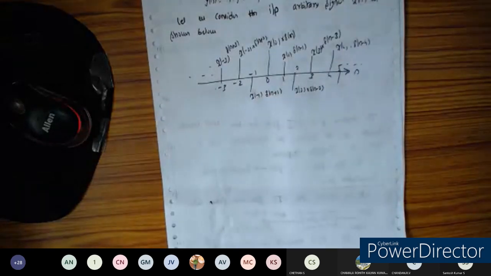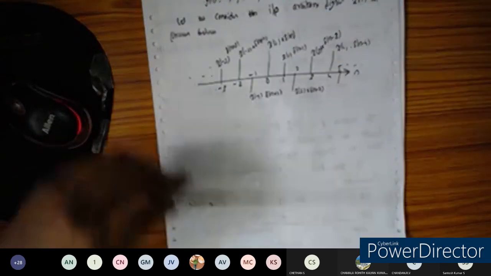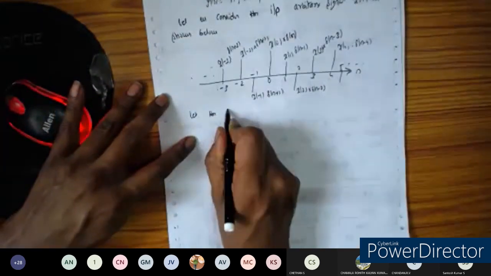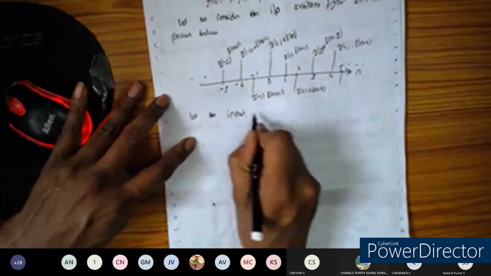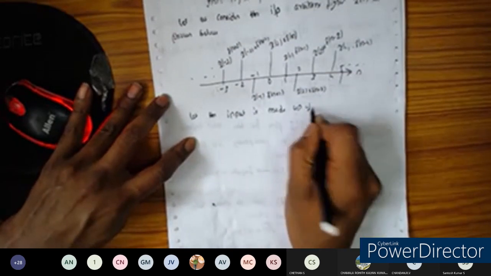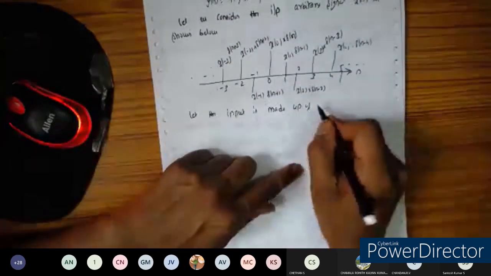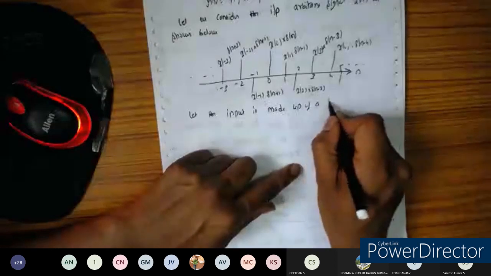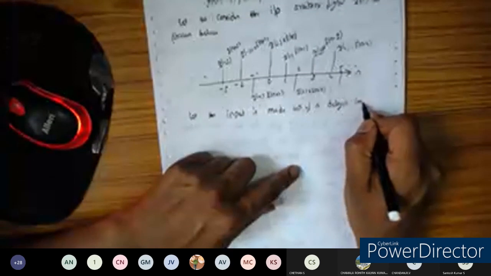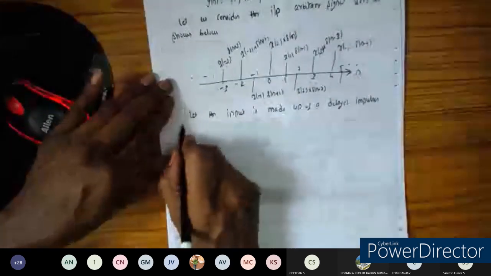Let the input be made up of delayed impulse functions, impulses having different amplitudes.